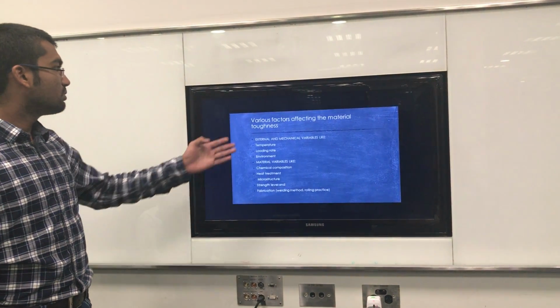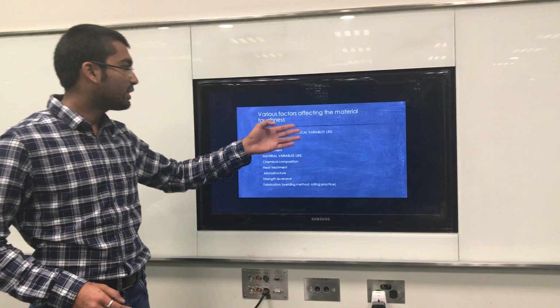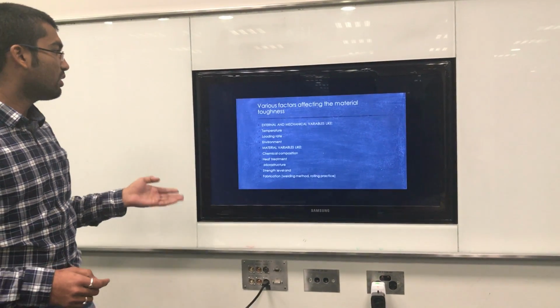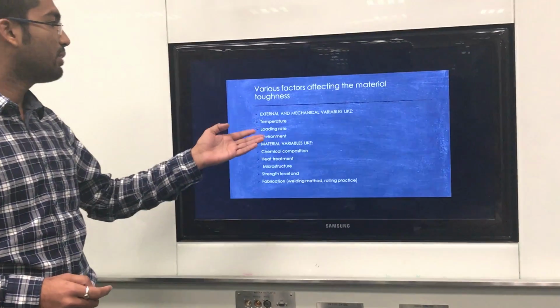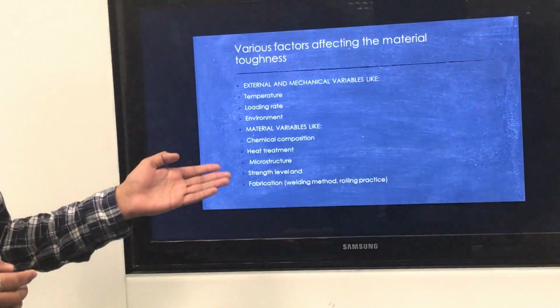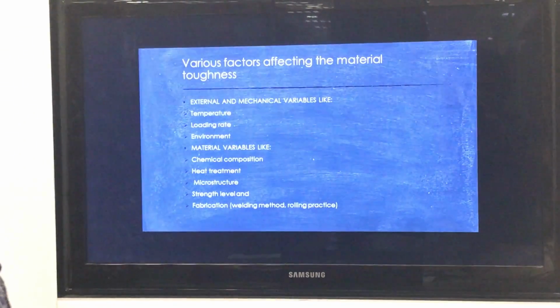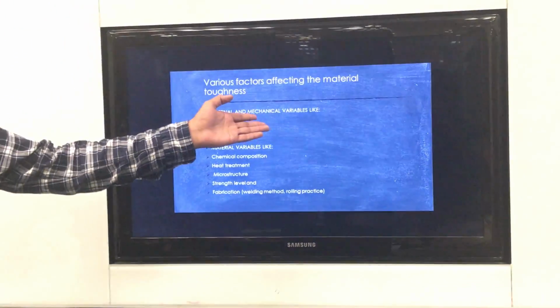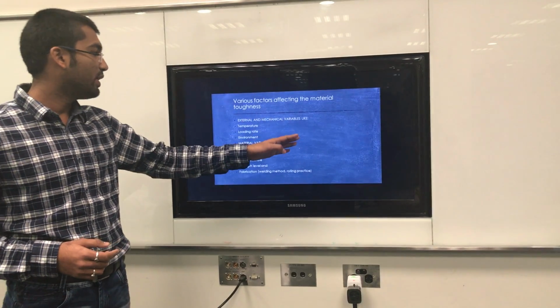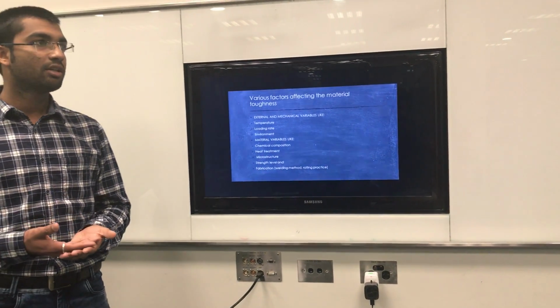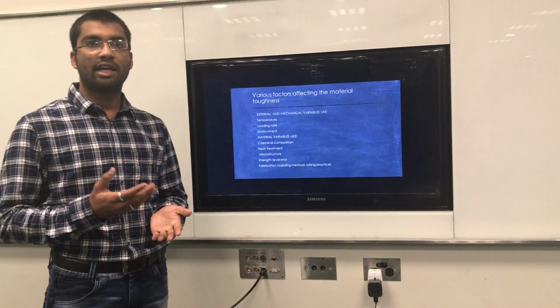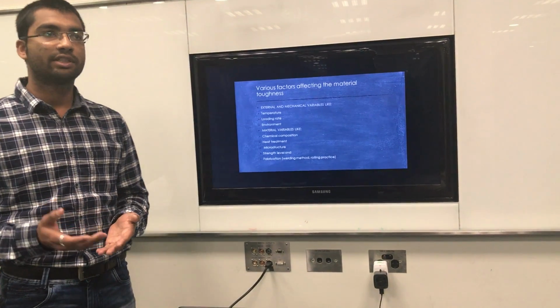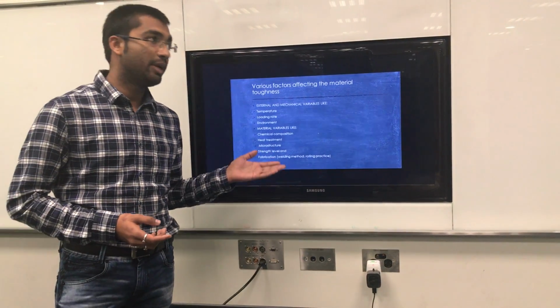So what are the various factors affecting the material toughness? There are various things which have a major impact on the materials. Coming to the external mechanical variables, like temperature, loading rate and the environment, these are all factors which affect the material.